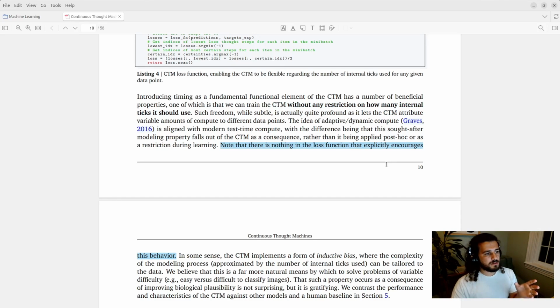Because based on the loss, you can always decide, okay, it's good enough, let's take this one, like we saw in the example. If the certainty is high and the loss is good, that's good enough. And if it's not, and you need more time to think, it's still good. You can let it run up until a certain time step. So you have an adaptive computing element to it.